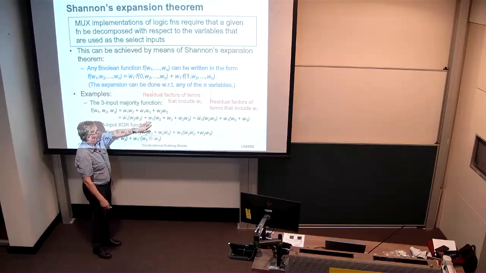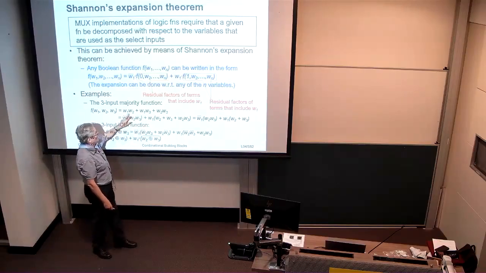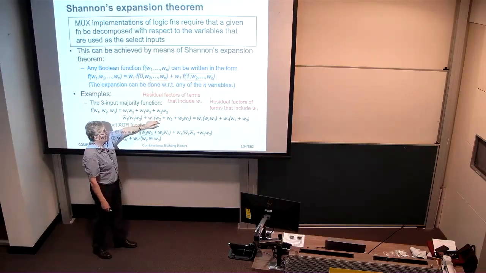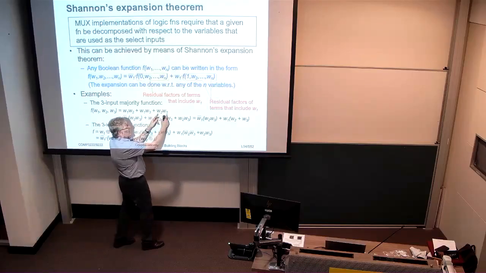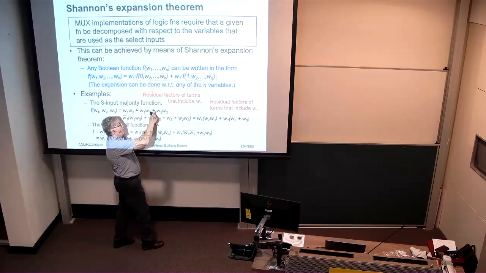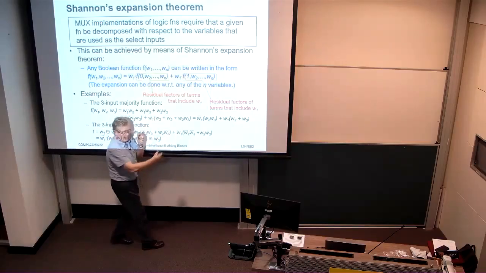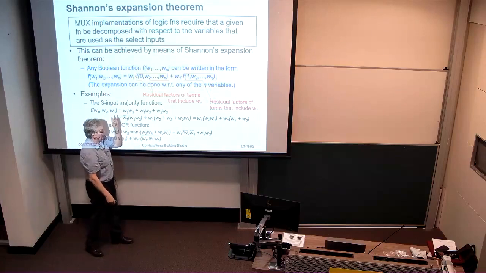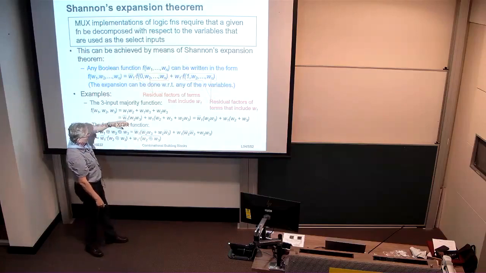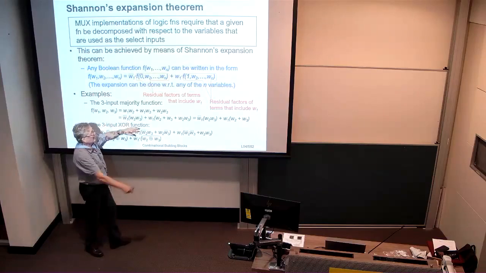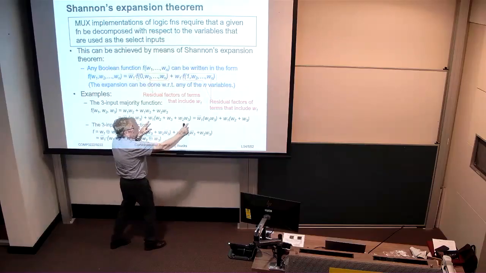So only the last term is a residual when we take out W1 bar, whereas the residual of the other two terms when W1 is extracted is given, well, it's all three actually, because this one also contains W1. Remember, we can expand this as not W1, W2, W3, or W1, W2, W3, right? So having done that mentally, here's the not W1, W2, W3, and here's the W1, W2, W3.